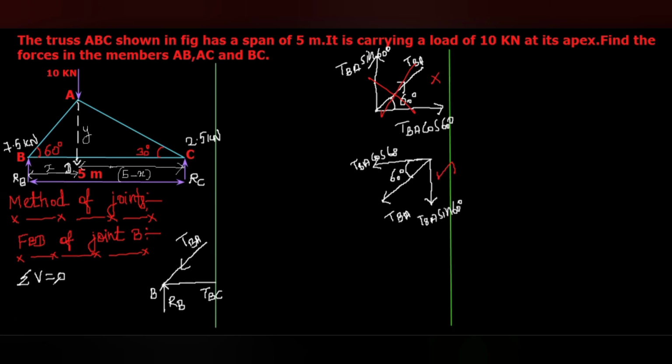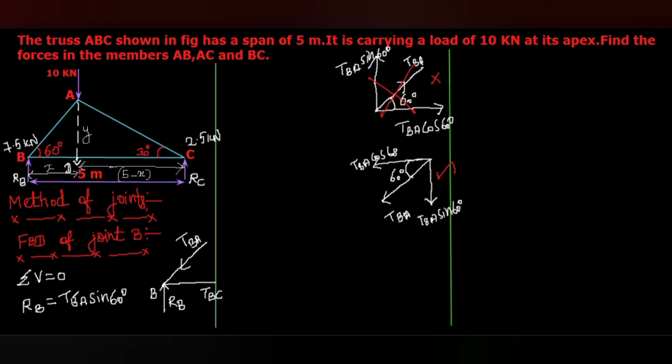Okay. So now summation of vertical equal to 0. So the RB, the upward force, equals the downward force, that is the vertical resolved component of the inclined force TBA, that is TBA sin 60.